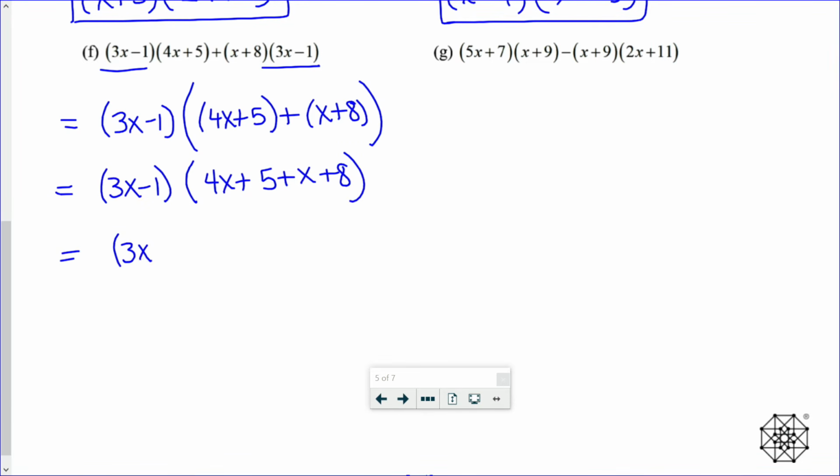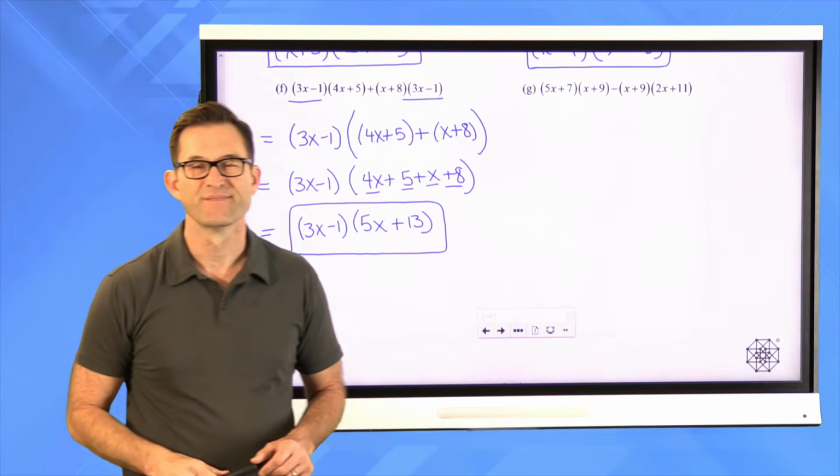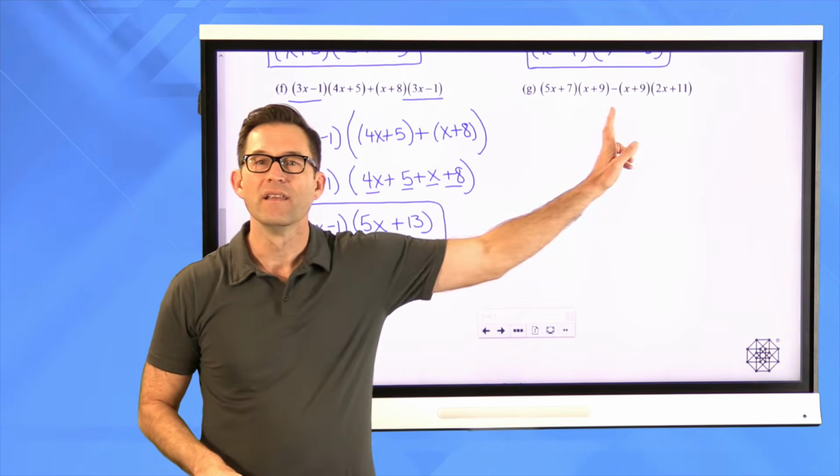And I can now combine like terms. Inside, I've got 4x plus x, which is 5x. I've got 5 plus 8, which is 13. And I get 3x minus 1 times 5x plus 13. Easy peasy.